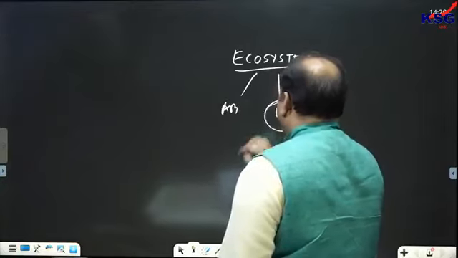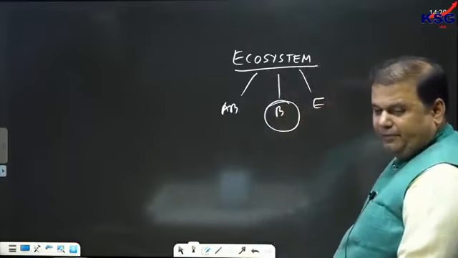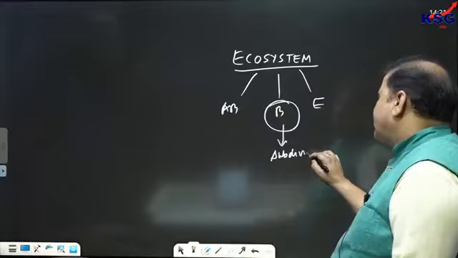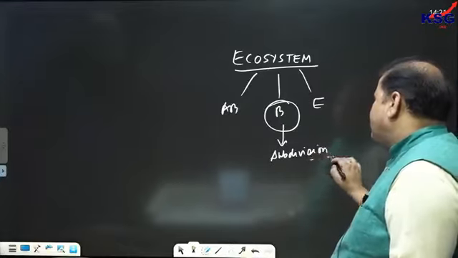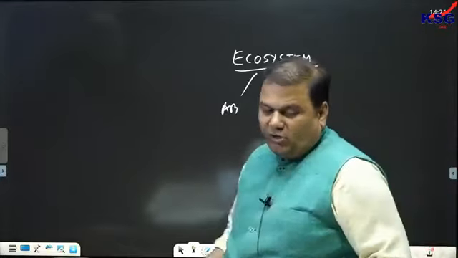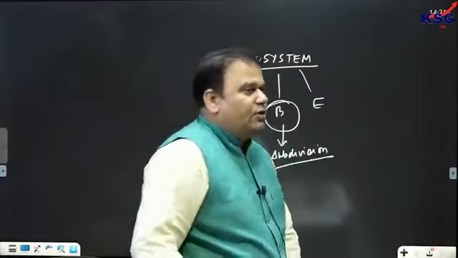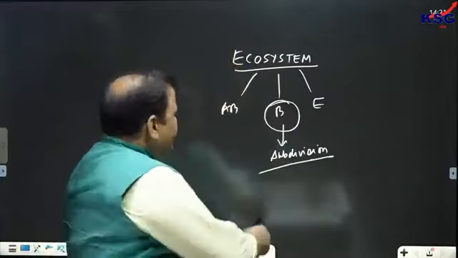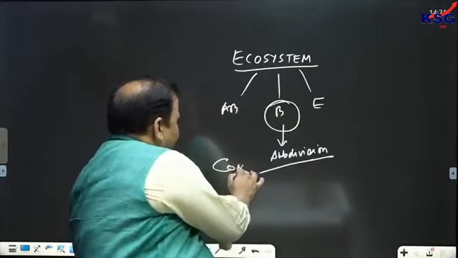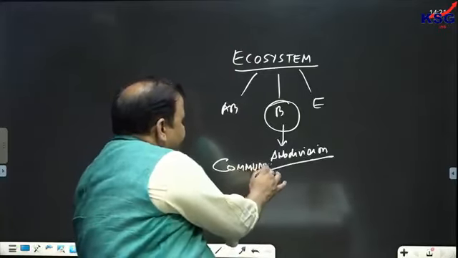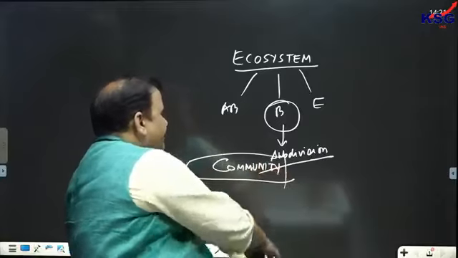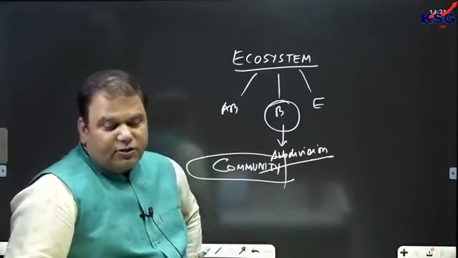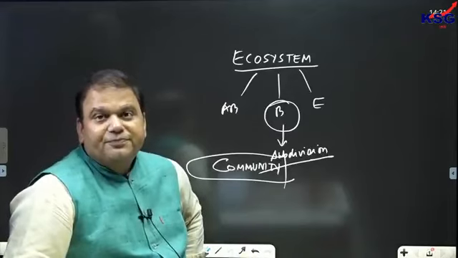But if we take the biotic component itself and make a subdivision of it, this subdivision of the biotic component of the ecosystem would be referred to as what? It would be called community.